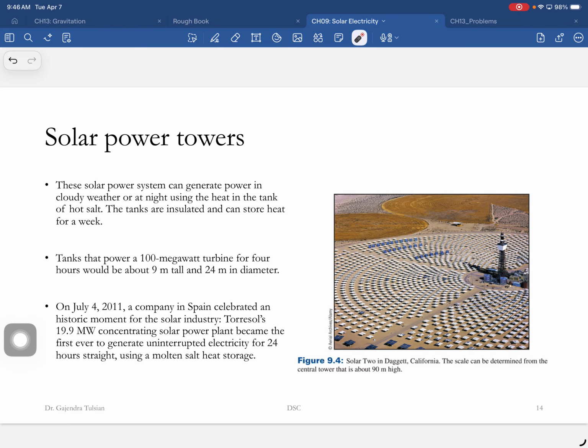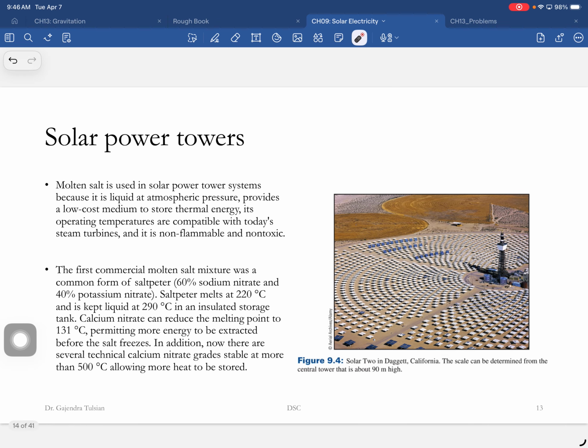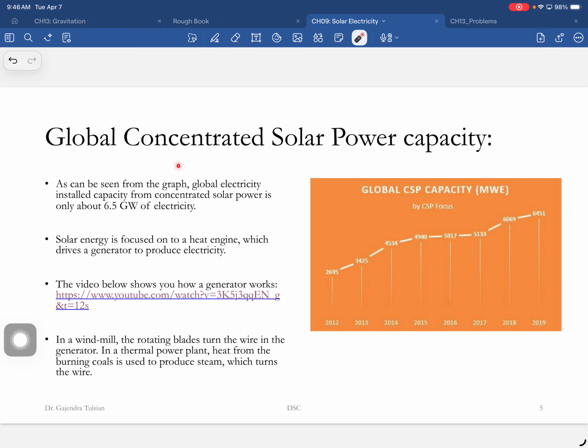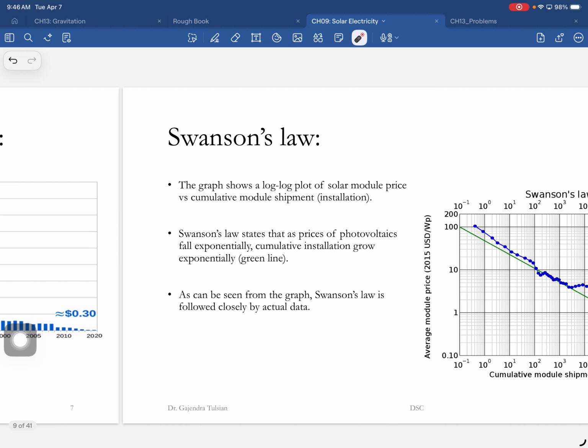Okay, so this tells you renewable energy costs. This is concentrating solar, and that is about 10 cents per kilowatt hour. Here's photovoltaics. Okay, the price is about half with photovoltaics.